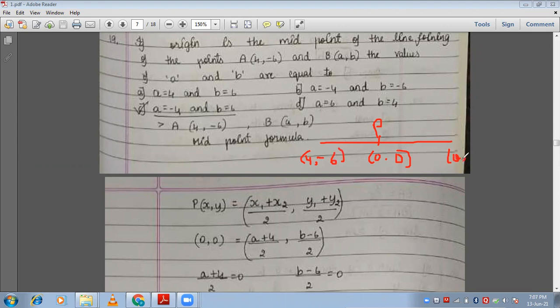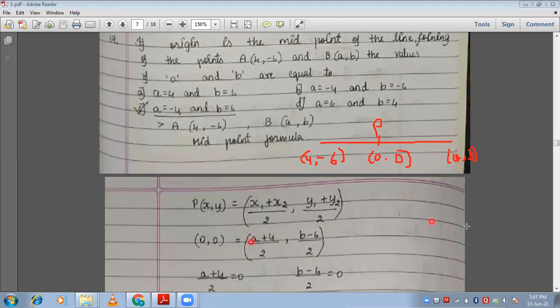Now apply the midpoint formula. So the midpoint formula is P(x, y) is equal to ((x1 plus x2) by 2, (y1 plus y2) by 2). Now substitute the values. The value of x1 is 4 and x2 is a. So (a plus 4) divided by 2, (b minus 6) divided by 2 is equal to (0, 0).